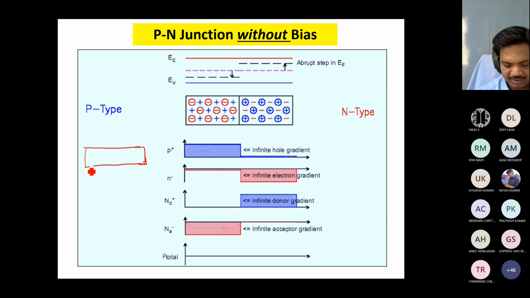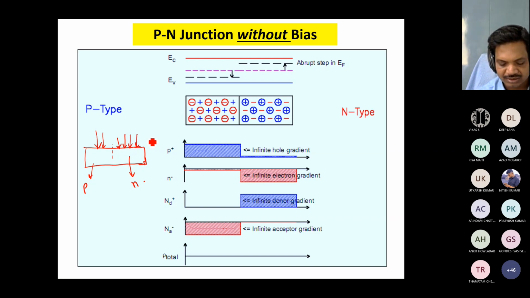After taking one intrinsic semiconductor bar, on the region that we want to make the p side and the region that we want to make the n type, doping is done. The atoms are doped by a deposition method.